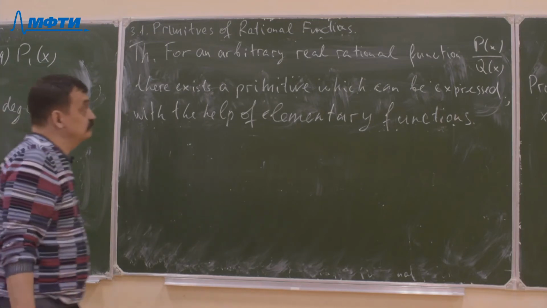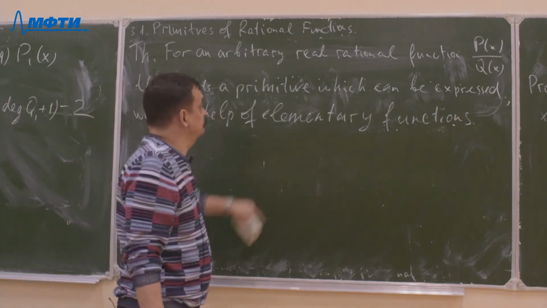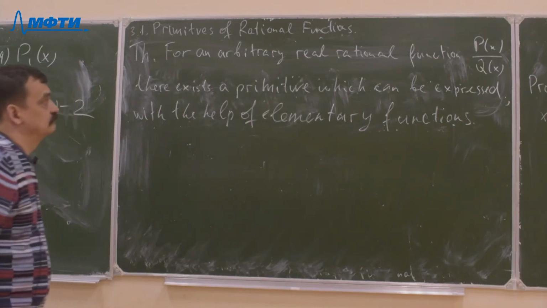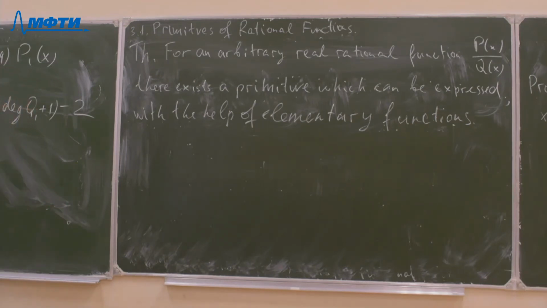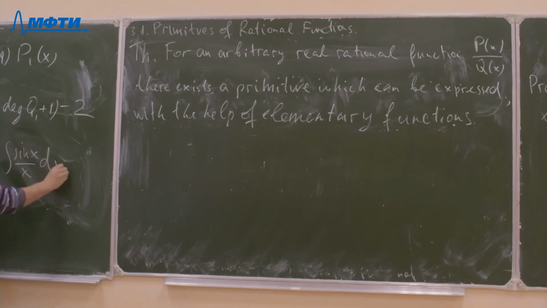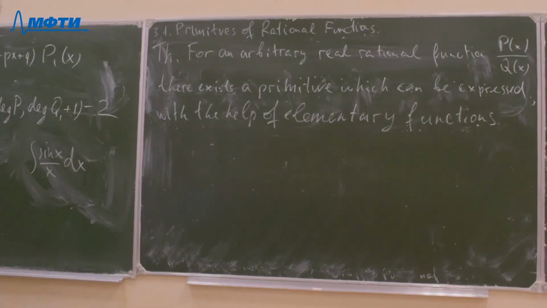And, in fact, no other class. If you try to expand a little bit, then there are very simple functions which have no such primitive. For example, the function sin x over x has no primitive which can be expressed in terms of elementary functions.